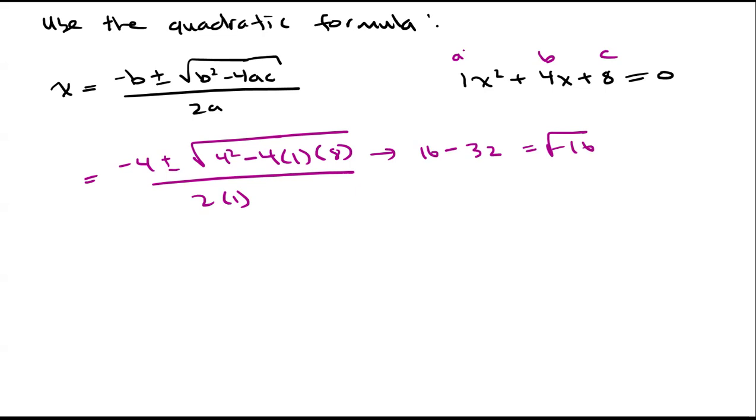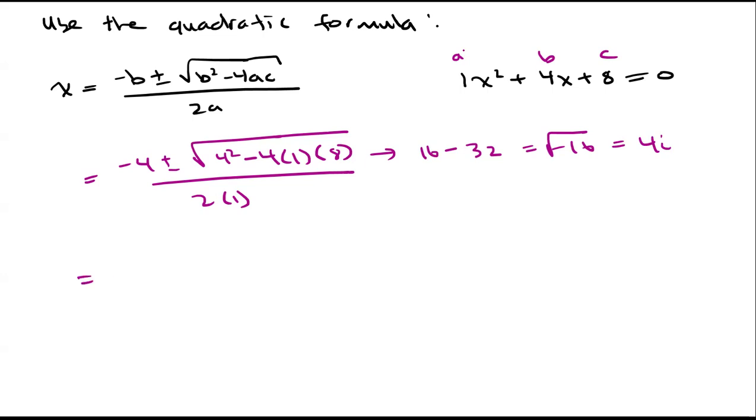However, we're dealing with complex numbers. So in this case, what we just learned, the square root of negative 16 is just going to give us 4i. Again, in the real world we would say no solution, but in the complex or imaginary world, we do have an answer here, which is 4i.